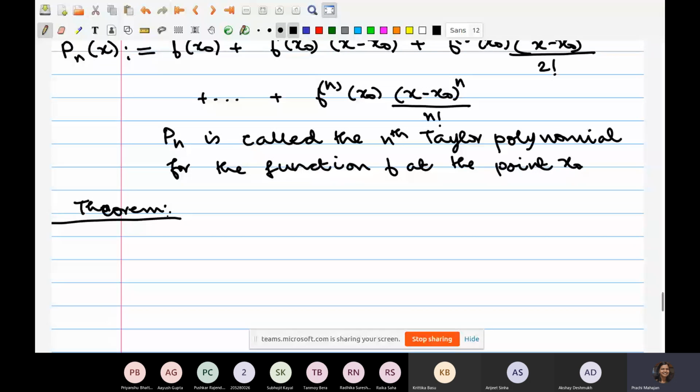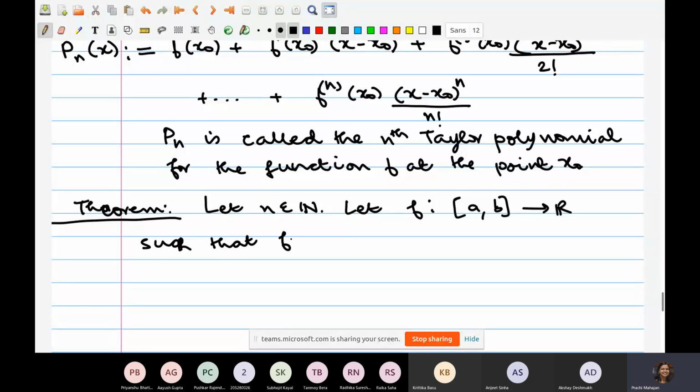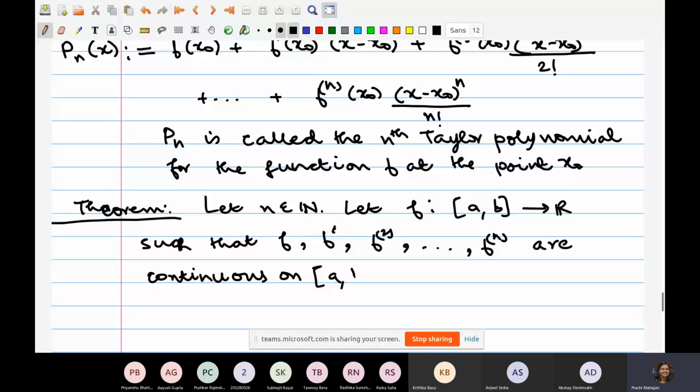So let's fix some positive integer n, and suppose that I have a function f defined on the interval [a, b] such that the function f and its derivatives up to order n, the first, second, up to the nth derivative, are all defined and continuous on the interval [a, b].